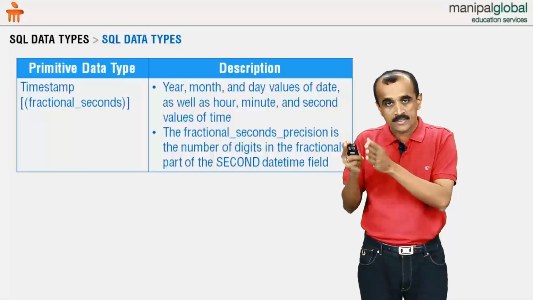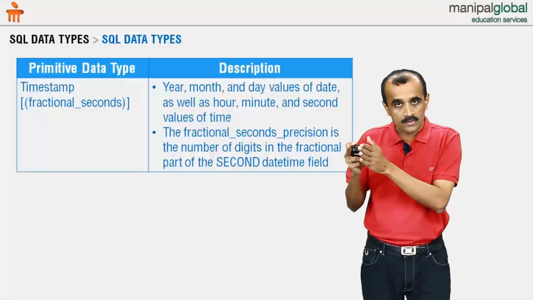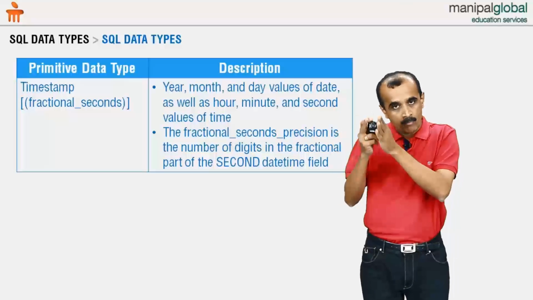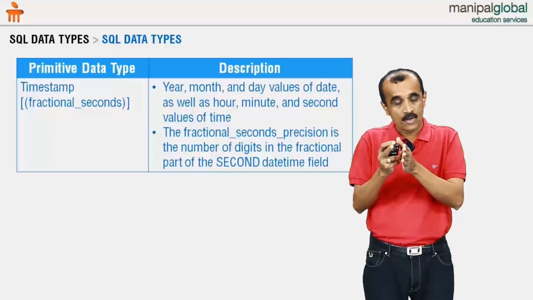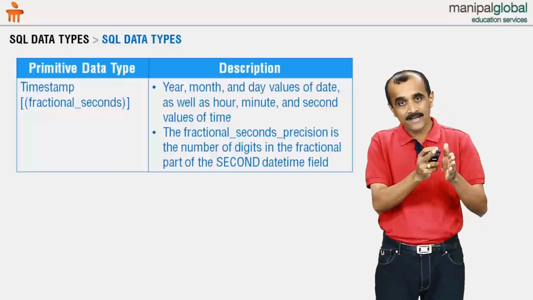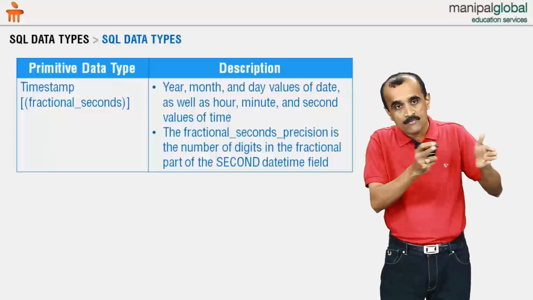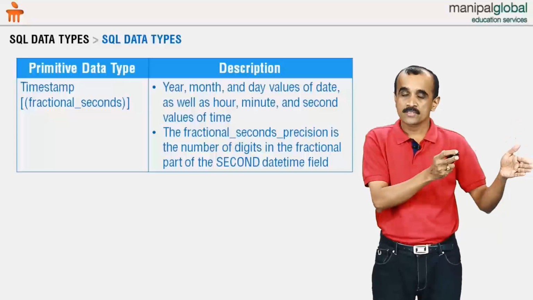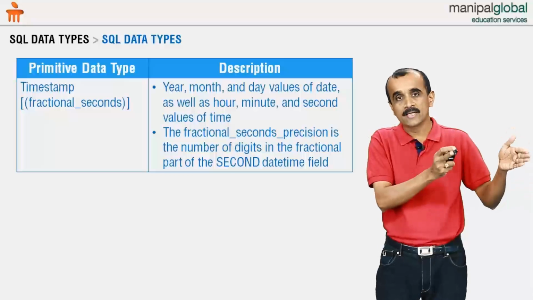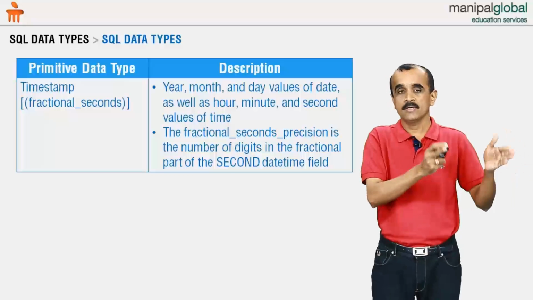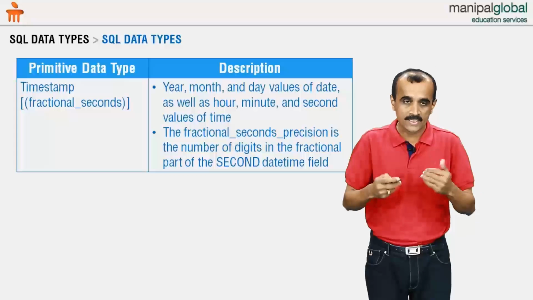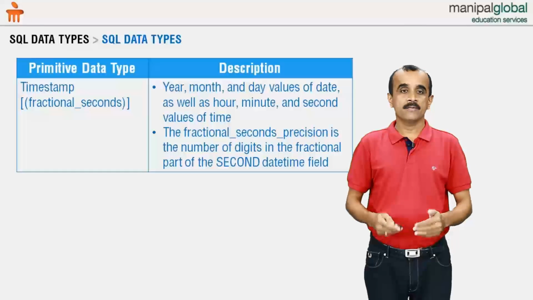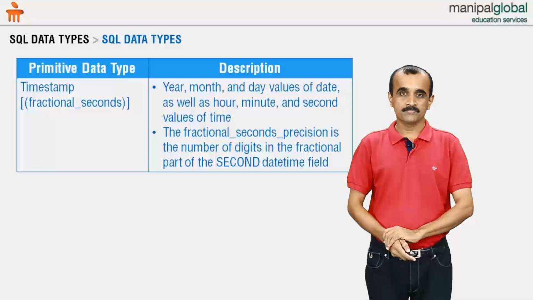For example, if it is a timestamp, I can store the year, month, day, hour, minute, second, and if I say fractional second 6, up to 6 decimal places of fractions I can store. So, that is a feature of the timestamp data type.